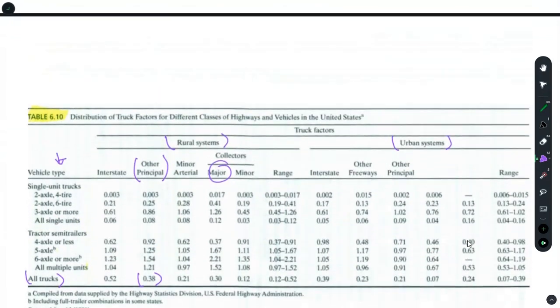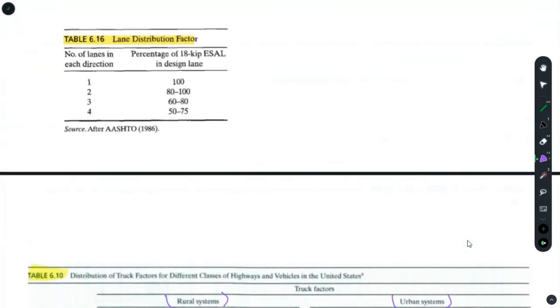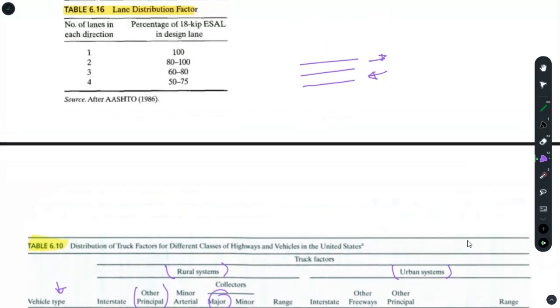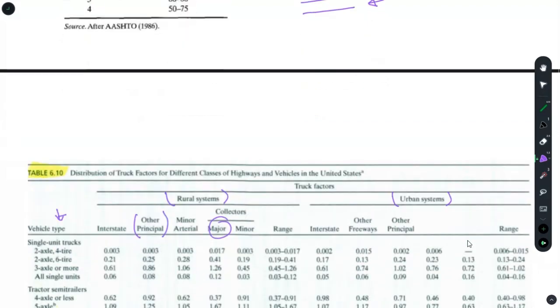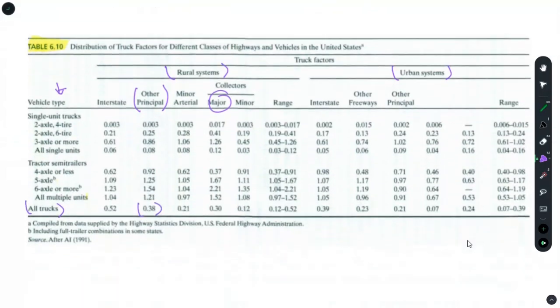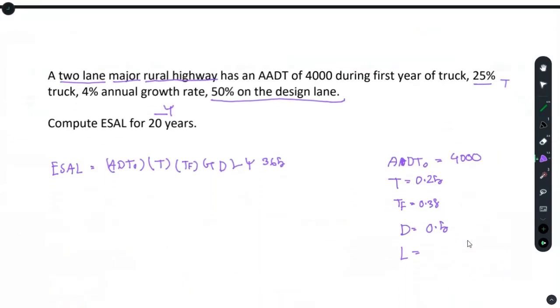It's two lane, so the number of lanes in each direction: the traffic will go this direction and the traffic will come this direction, so in each direction you just have one lane. So it's just one, and the percentage of 18-kip ESAL in the design lane is 100%, so this value is one.